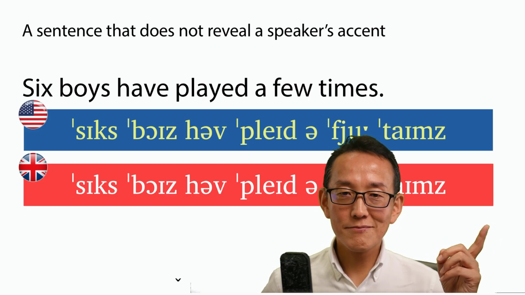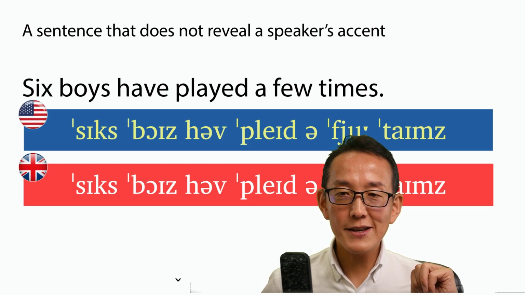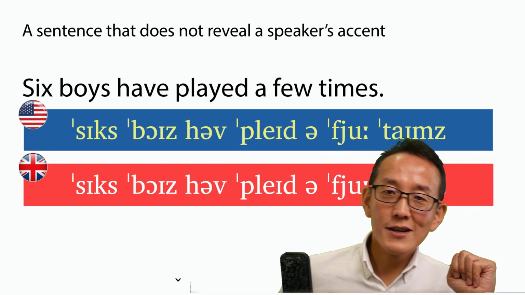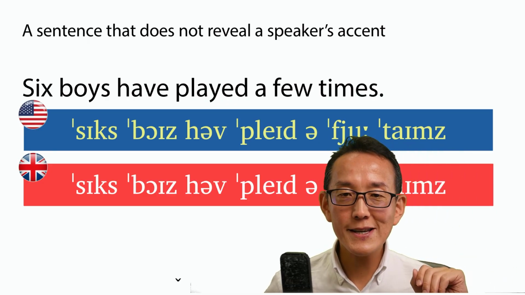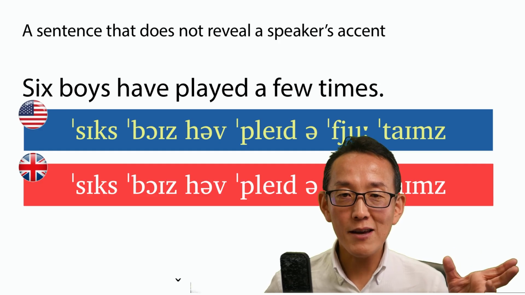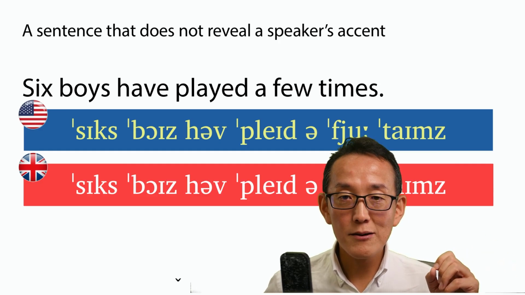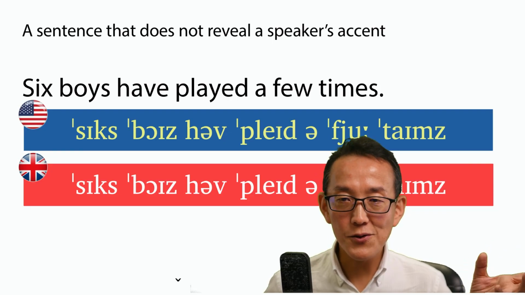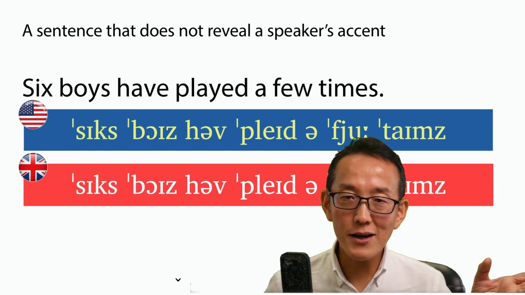All right. If you read the phonetic symbols, you can pretty much see. So let's compare one by one. 6, American 6, same in Britain, 6. Boys, boys. Have, same. Played, played. A few, times, times.